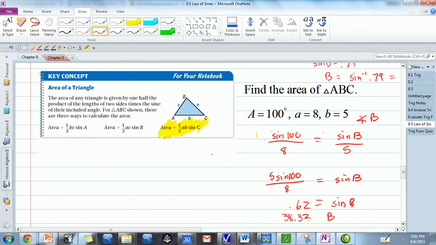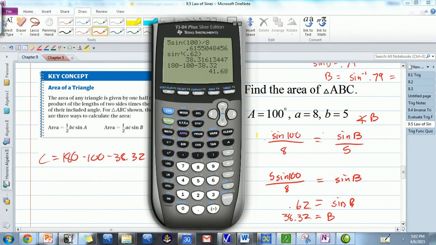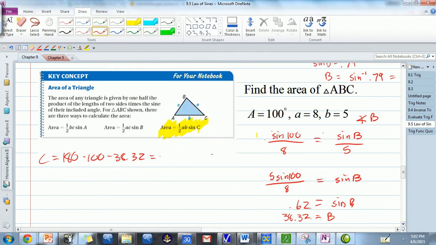Now since I have that as my angle B, I can find C. That's just 180 minus 100 minus 38.32. If I calculate that, I get 41.68. So C is just going to be 41.68.